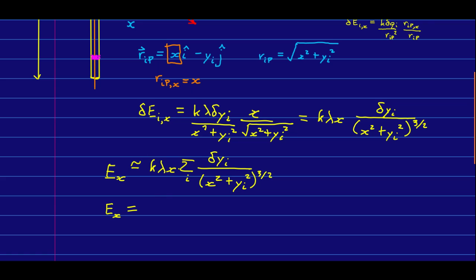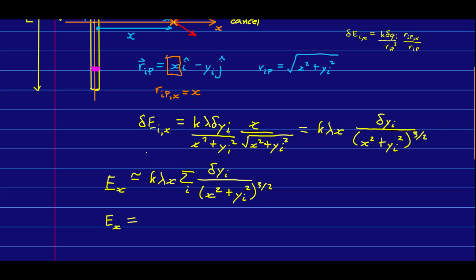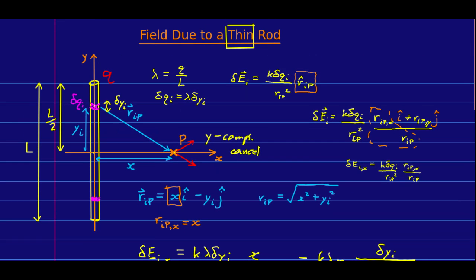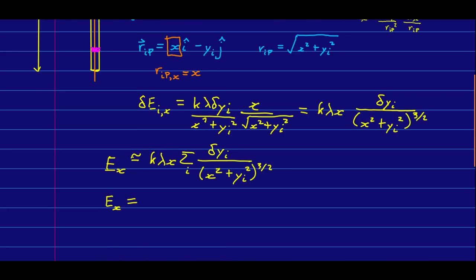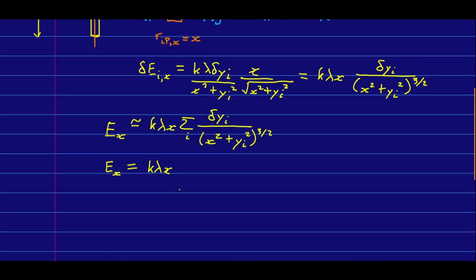So we're taking the limit as our delta y_i's go to 0. In other words, as we're taking tinier and tinier little thin pieces of the rod. And so everything that has an i subscript on it is losing its i subscript because we're going from discrete chunks that we can index and count to a continuous variation over the rod.